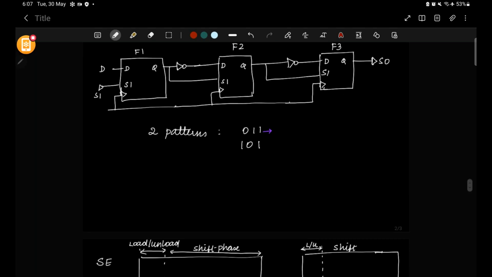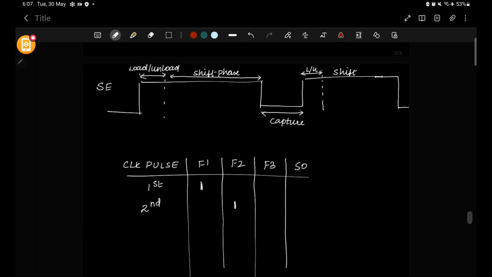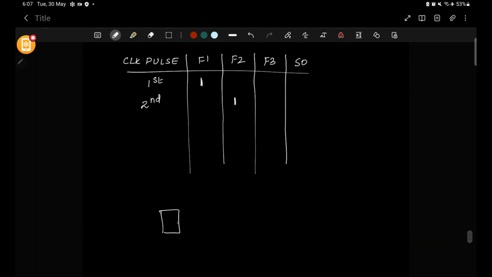If you're going to load a pattern like 0 1 1 into a shift register like this, at the first pulse 1 would have come. Next time this one will get shifted here and the next one will come here. Next time, this one will come here, this one will come here, and this 0 will come here. That is the operation which is happening.